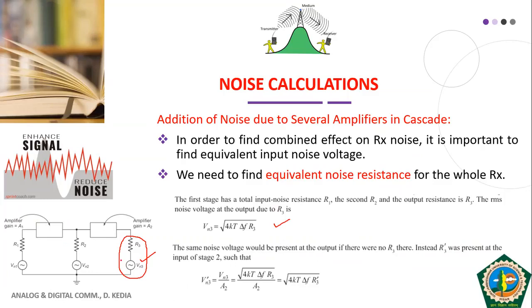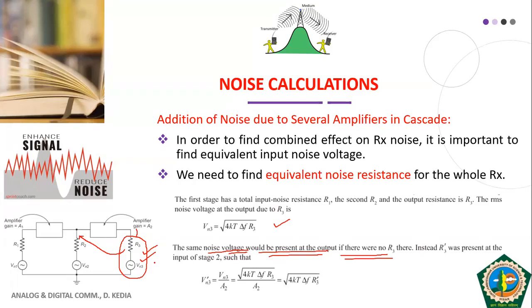What we want is to visualize the same effect of R3 at this point, but assume that R3 is present here instead of there. In other words, I want to find the noise voltage which would be present at the output if there were no R3, but I want the same effect of R3 here.